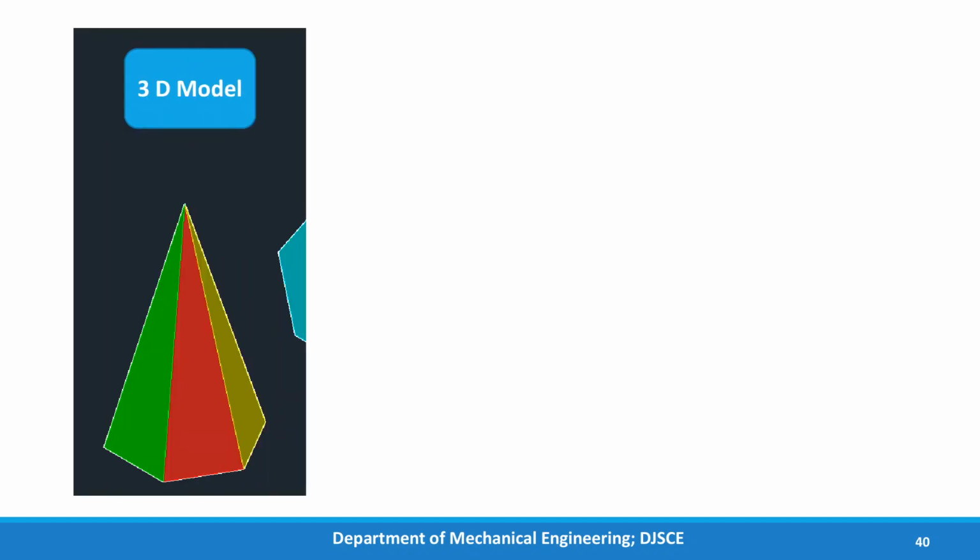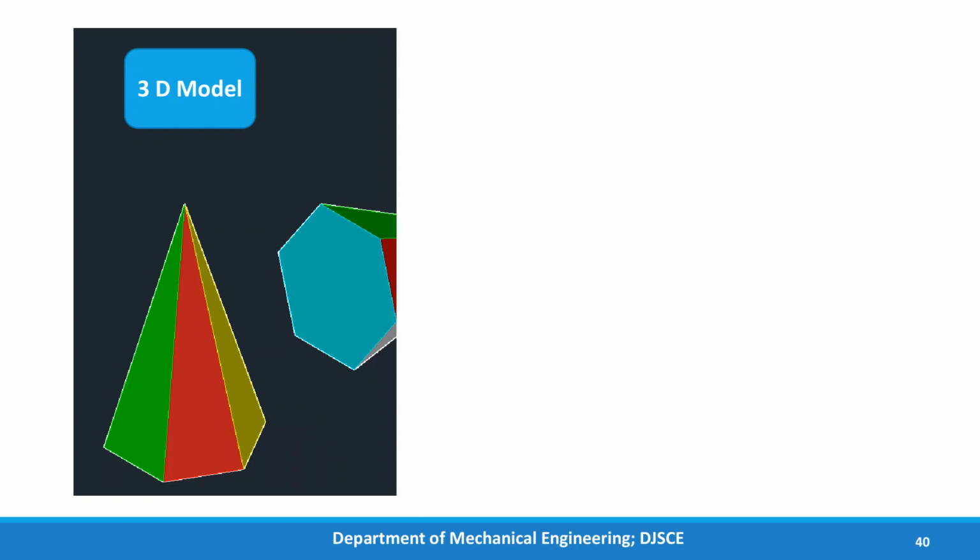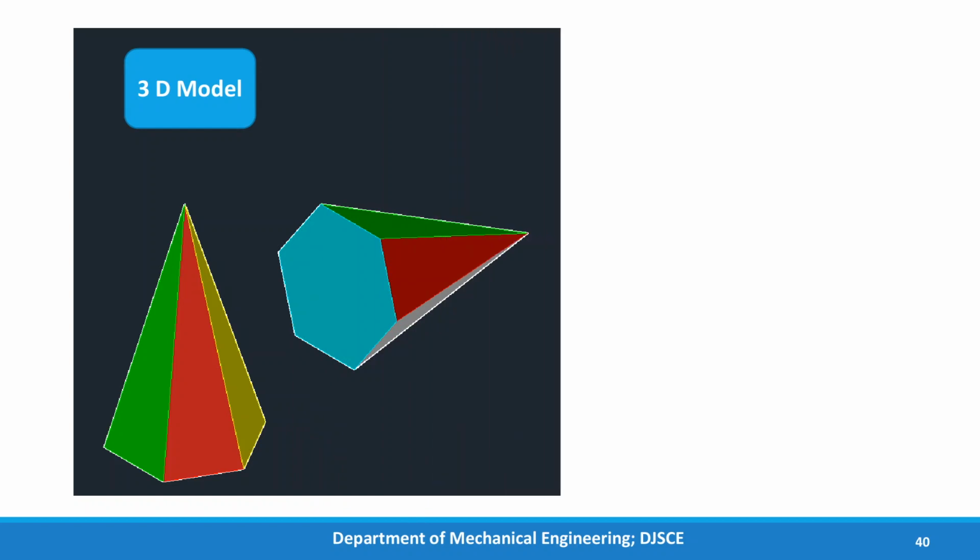So first step, the axis is taken perpendicular to HP and the pyramid is resting on HP on its base. Second step, we are going to tilt it so that it will rest on HP. So the triangular face will rest on HP.